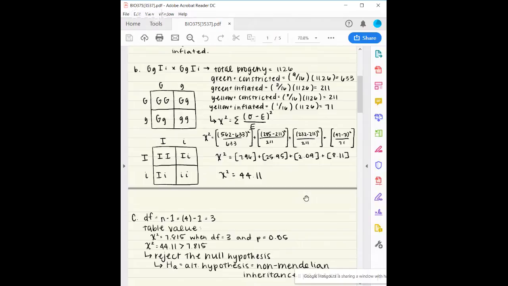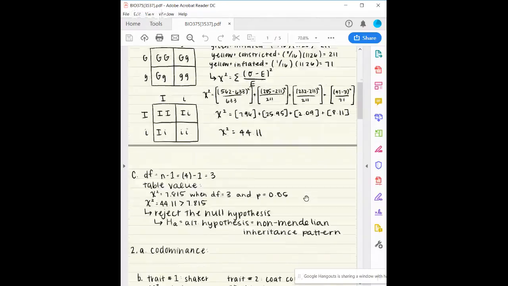Then we added them all together, and we came out with a value of 44.11.